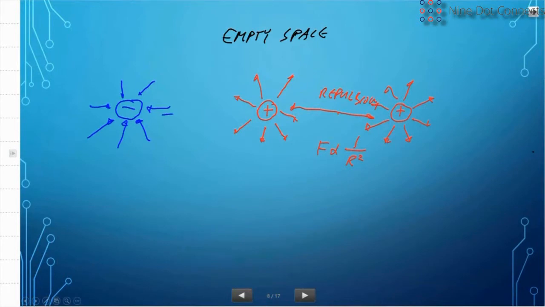In this case, we are going to be generating an attraction. And that force is again proportional to 1 over r squared, where r is the distance between these two. But note that it's an attractive force instead of a repulsive force.